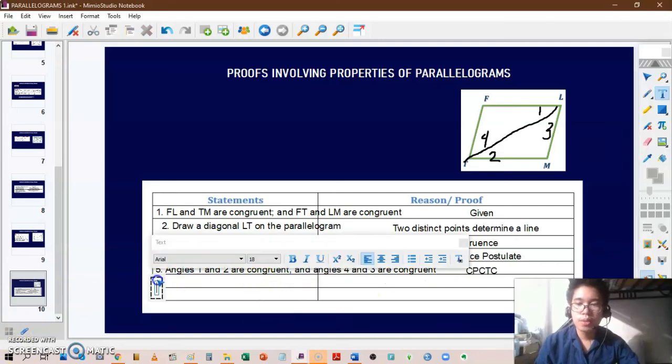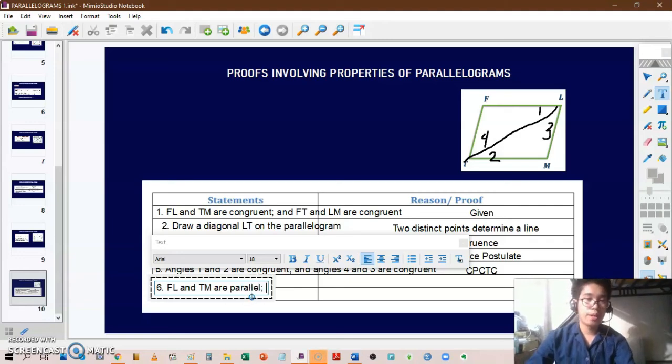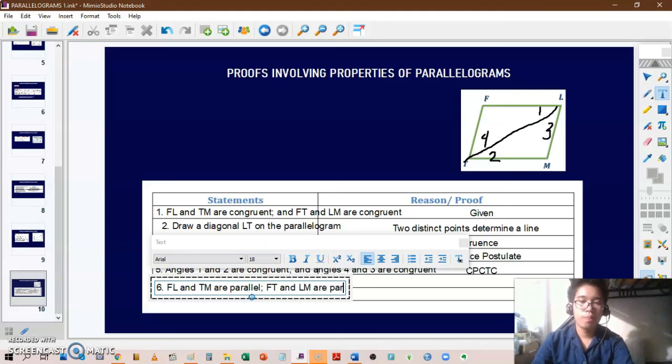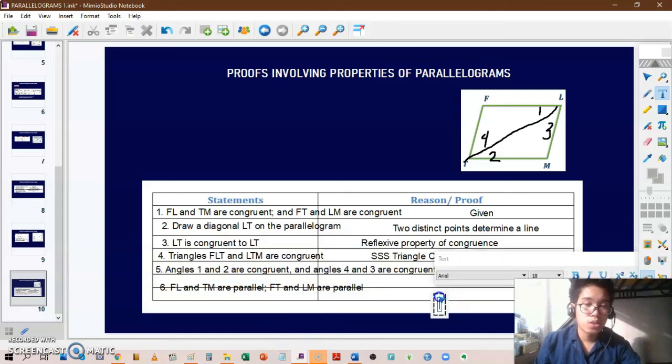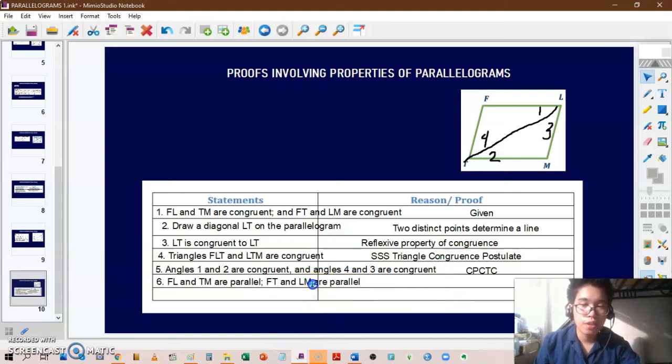From statement number 5, we can say in statement number 6 that line segments FL and TM are parallel to each other, and line segments FT and LM are parallel to each other. How did we say that? Because you've already seen in number 5 that angles 1 and 2 and angles 3 and 4 are congruent, and they're alternate interior angles.